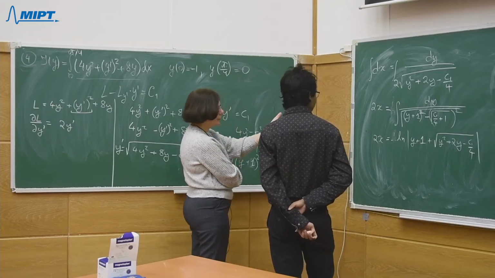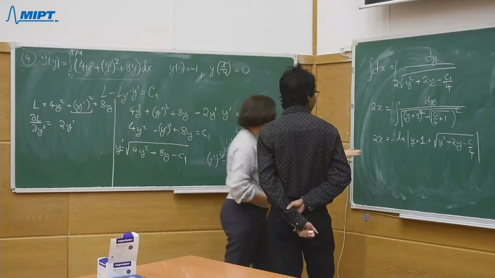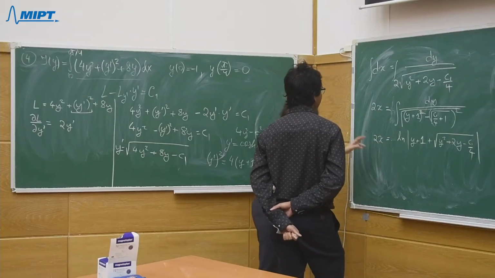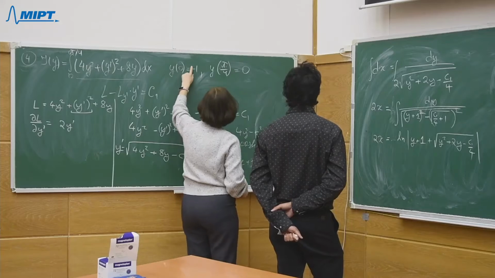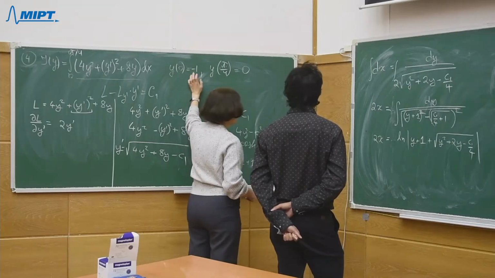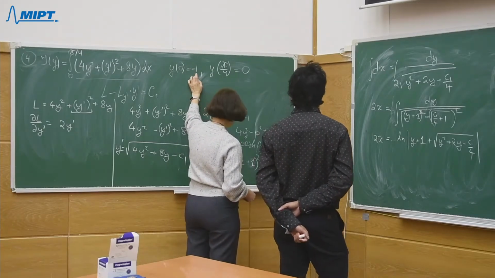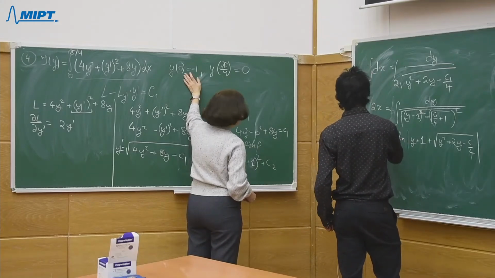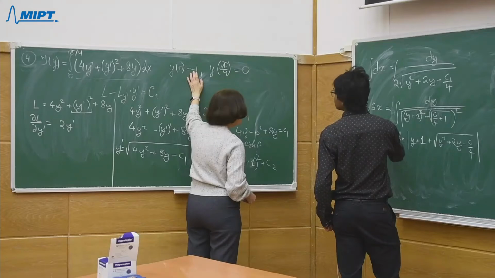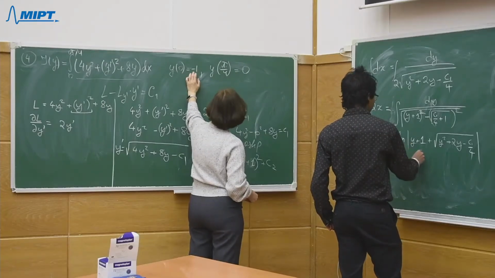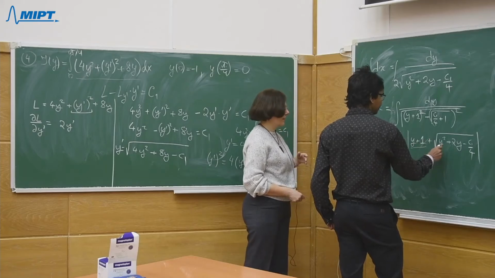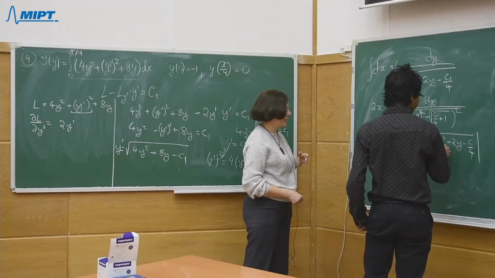Or maybe try to find C1 from... So another way is to try to solve this, to substitute these points. Yes, I think y of 0 must be, if this is 0, then y must be -1. So -1, so 1 minus 2.